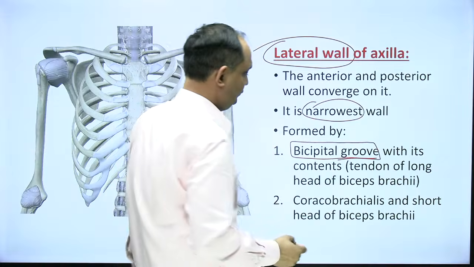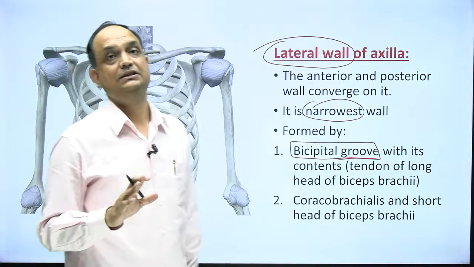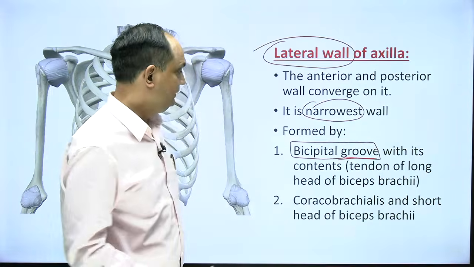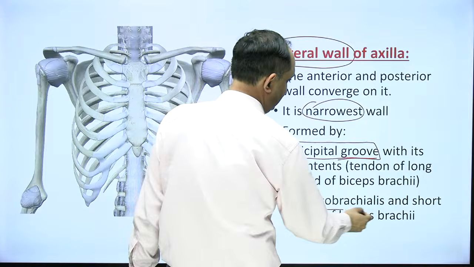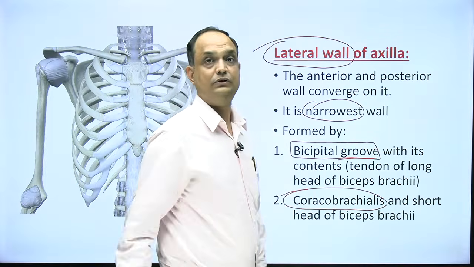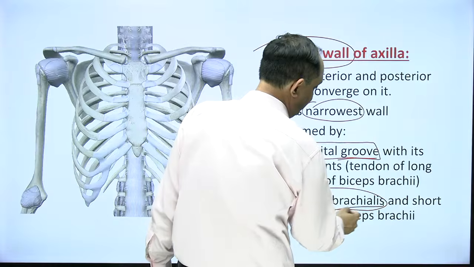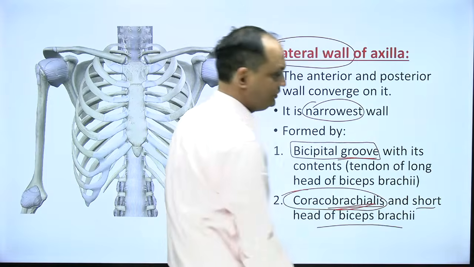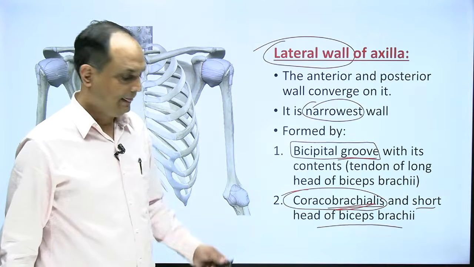Now this groove has the insertion of three muscles. Along with that, you will find the coracobrachialis also contributing to this wall, and coracobrachialis always takes origin with the short head of biceps brachii. Clear?